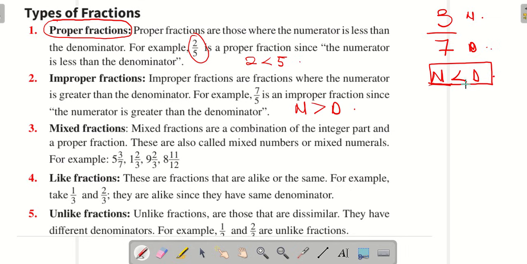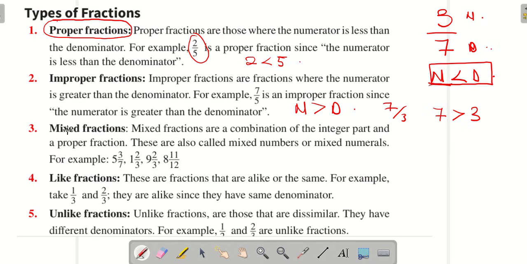So it is just the reciprocal of the first. An example is 7 over 3. Here we can see that the 7, which is the numerator, is greater than the 3, which is the denominator, and that makes it an improper fraction.